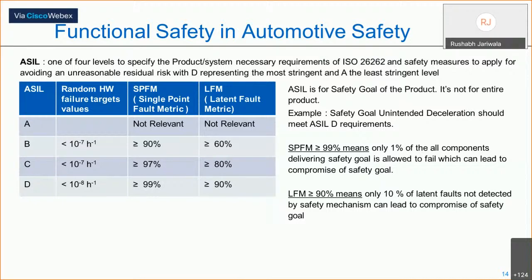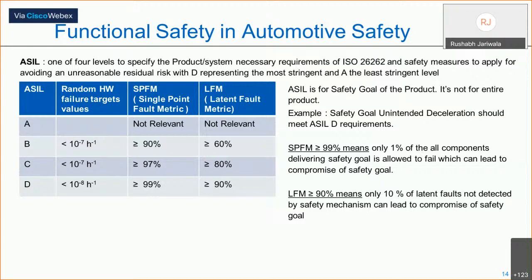Now I'll give an example of what it means to have a single point failure metric of 99% for ASIL D. It applies to all the components involved in delivering the safety function. A safety function can be as simple as torque management, let's say, for the inverter. Out of all the components involved in delivering the torque management, only 1% of the component failure modes can be allowed to fail in such a way that it can compromise the torque management.